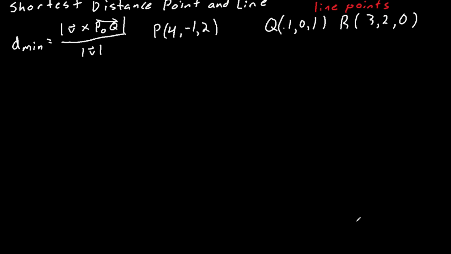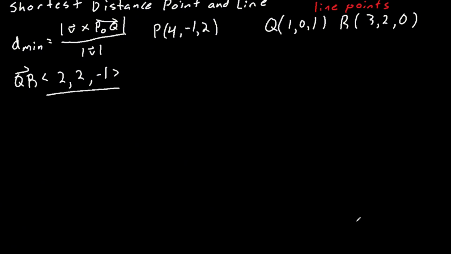So I'm going to start off by finding the vector between Q and R, which would be the vector that is parallel to the line given here. So the vector Q to R is 2, 2, and -1.